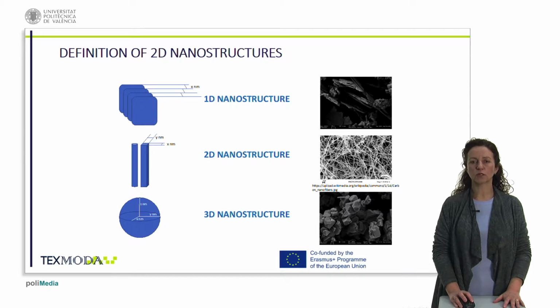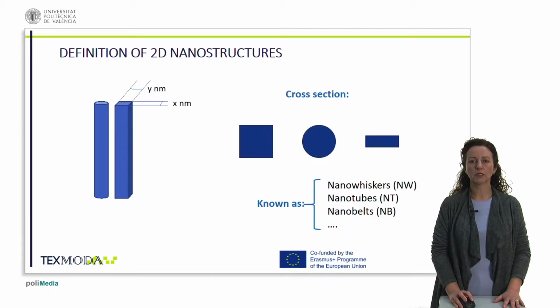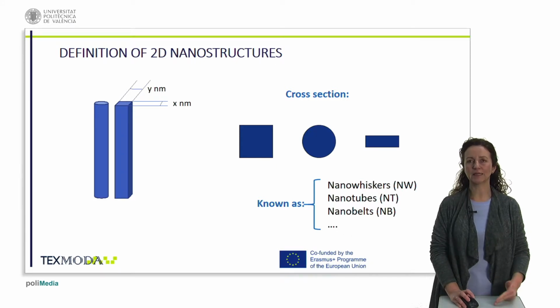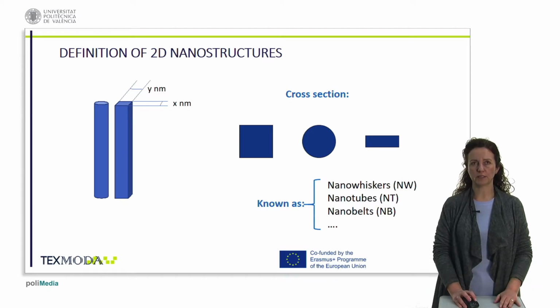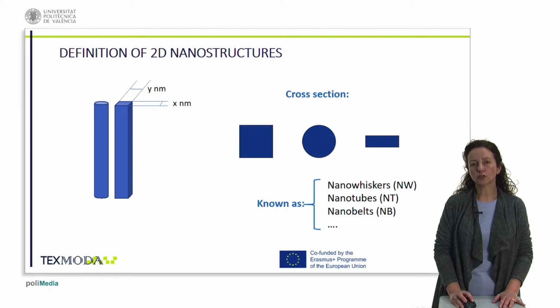In this case what we are going to talk about is nano-whiskers, nanotubes, nanobelts, nanofibers. It could be called in different ways. So what we could see is that we have a tube or a kind of fiber which has a definite length, but the cross section has nanometric scale.